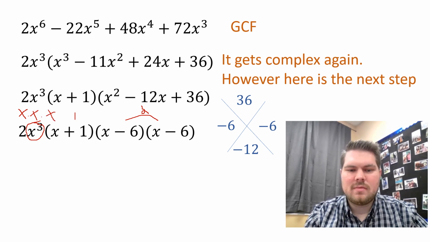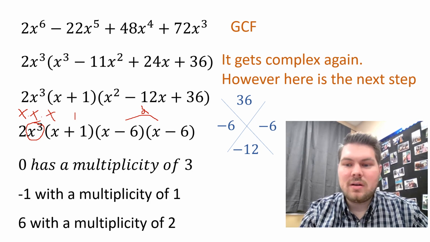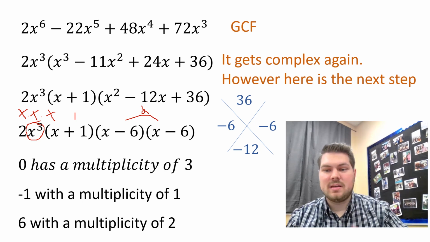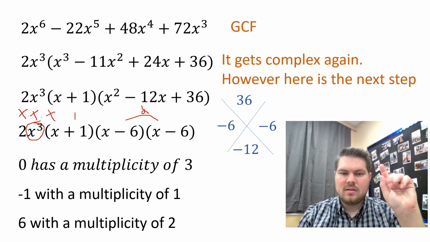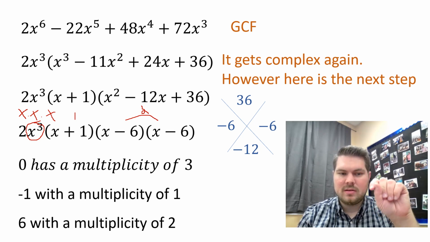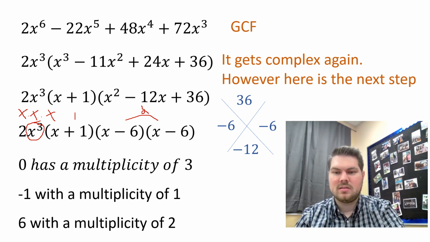So 0 has a multiplicity of 3, -1 has a multiplicity of 1, and 6 has a multiplicity of 2.